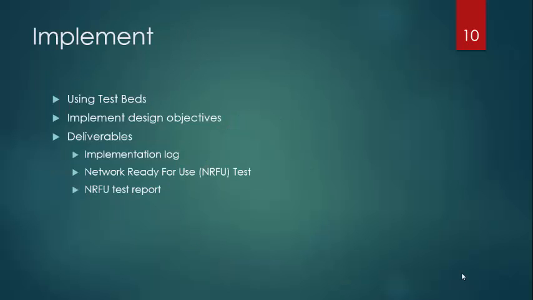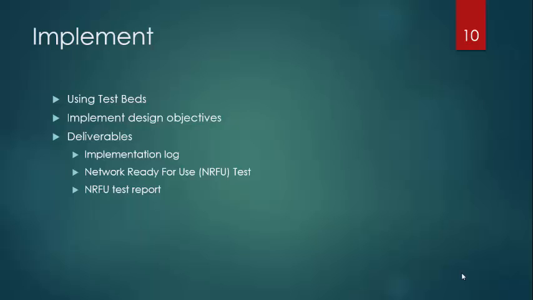Okay, in the implementation phase, we're going to configure our switches, routers, fibers, load balancers, and other devices. It is much better to use test beds to test our configuration before final implementation. In this stage, there are some deliverables, which includes errors and success in implementing configuration.